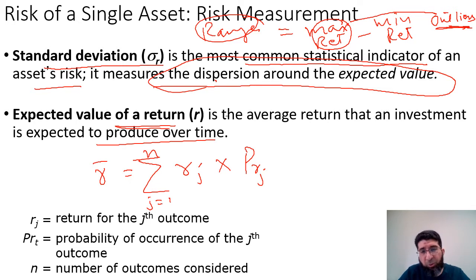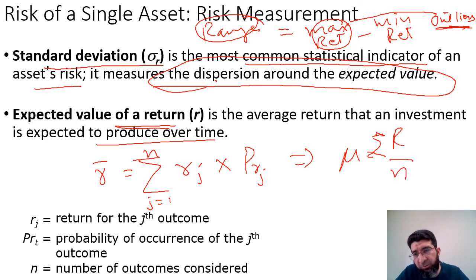Normally you would have seen this in the form of mu equals the sum of R return over n, where i goes from 1 to n. So this is what we have seen.